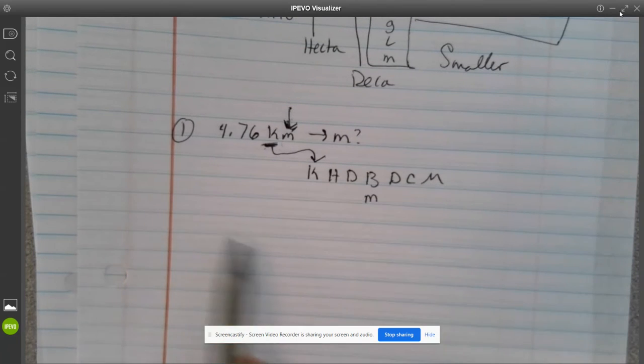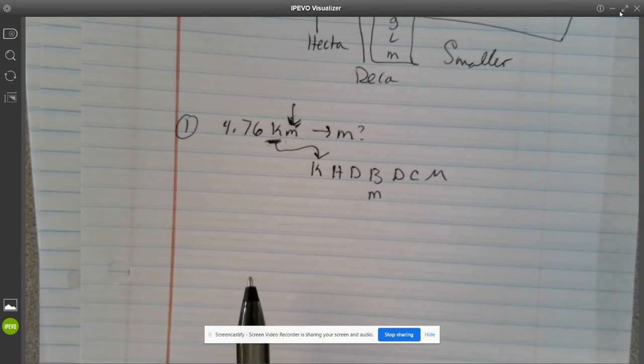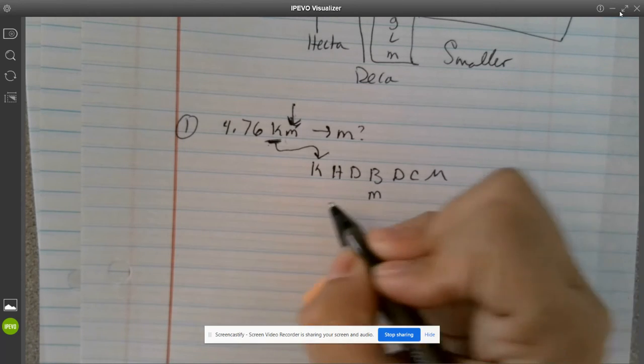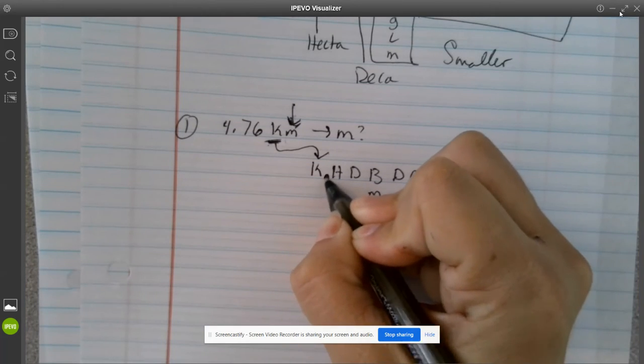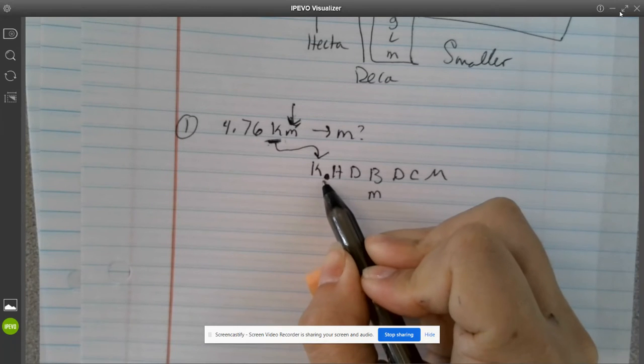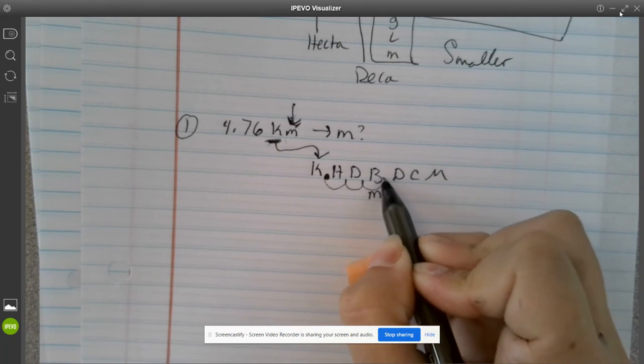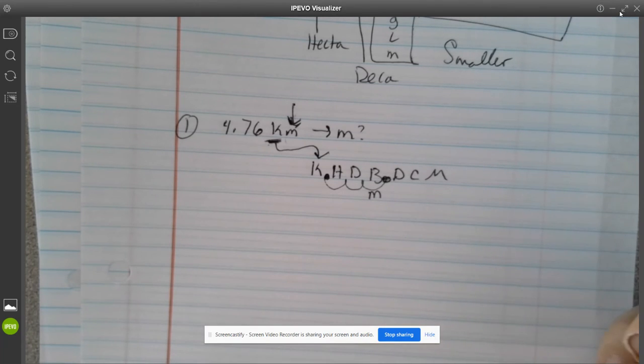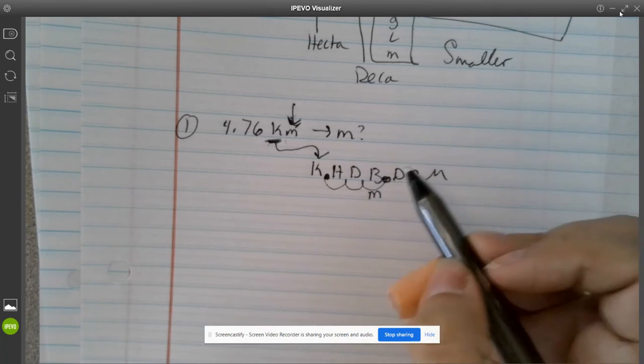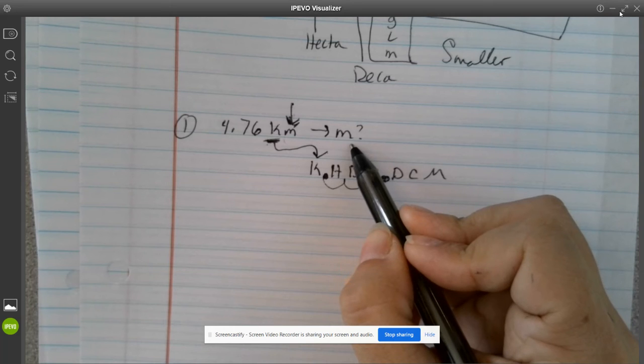Remember, this is a base 10 line, so that means we can simply move the decimal. If we're dealing with kilometers, we will simply move the decimal 1, 2, 3 times to the right in order to get to meters.